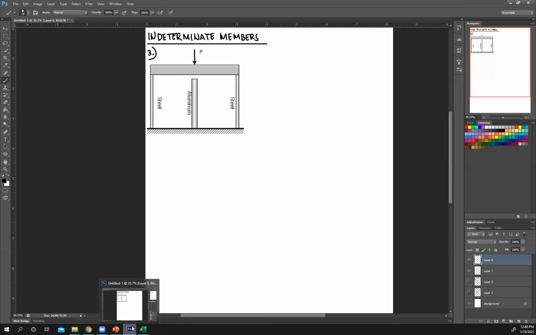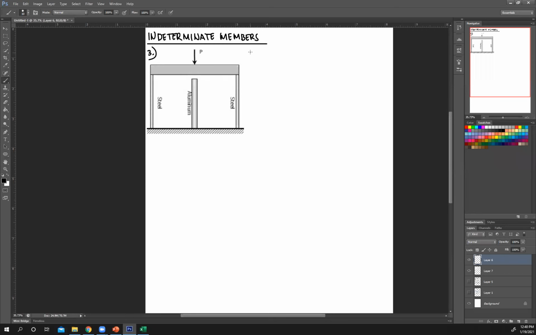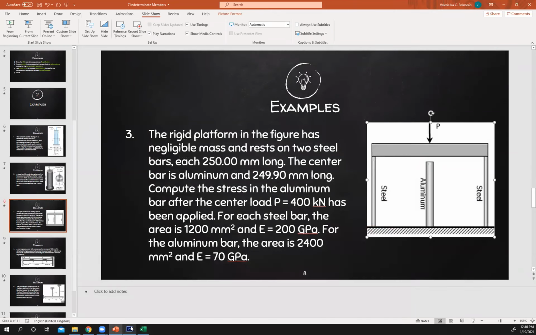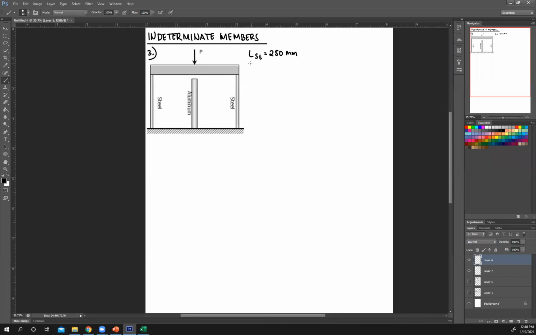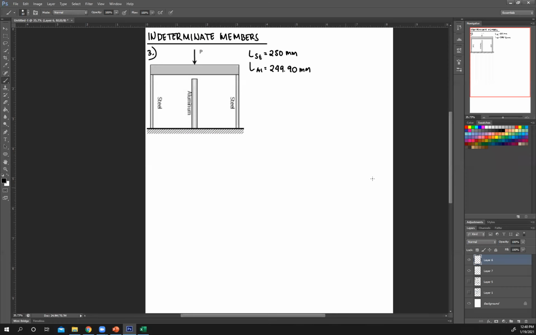So first step, once again, write your given. Length of your steel bar 250 mm. What else? Center bar 249.90, so AL. Load is 400 kilonewton.